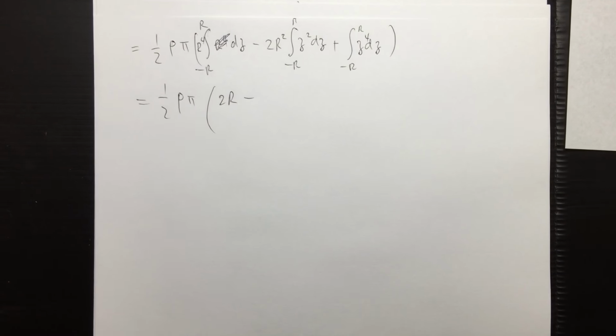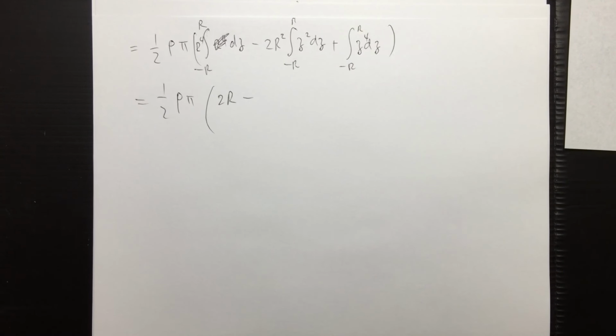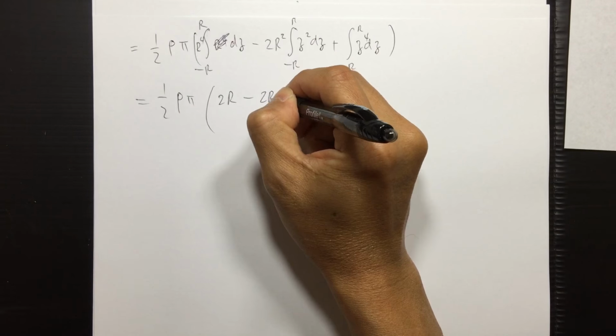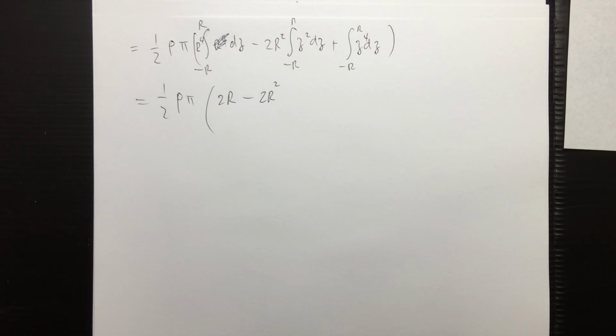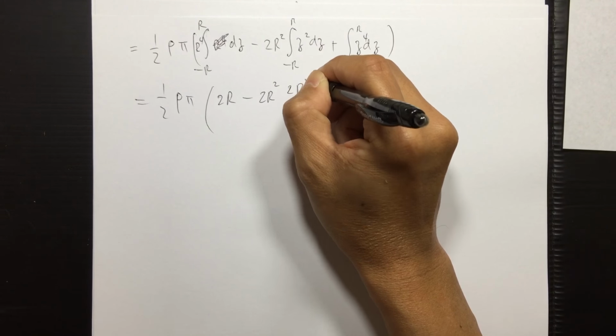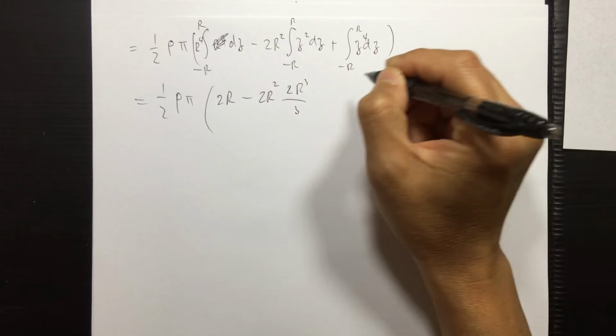What's this one? Oh, that's Z cubed divided by 3. What divided by 3? R cubed. 2R cubed divided by 3. Right.